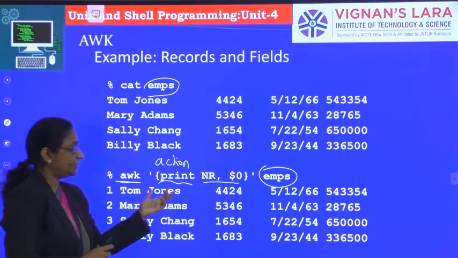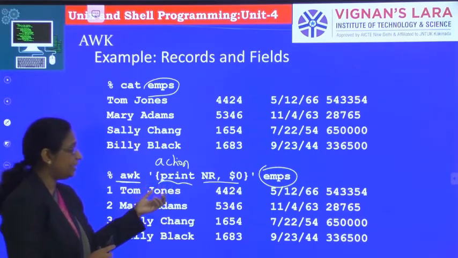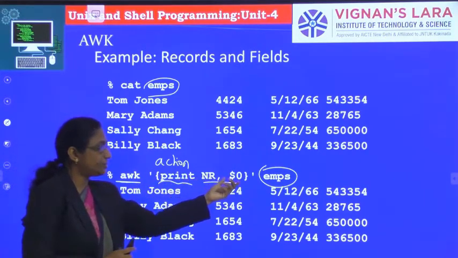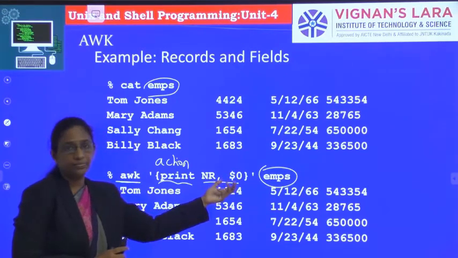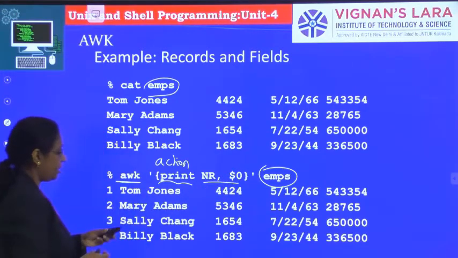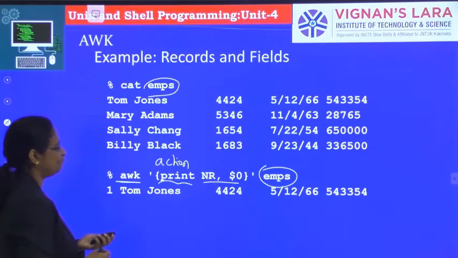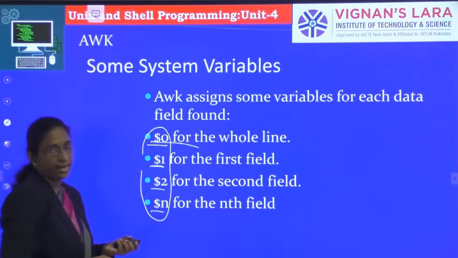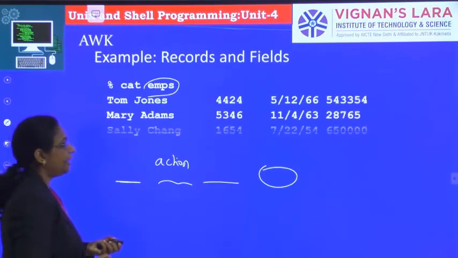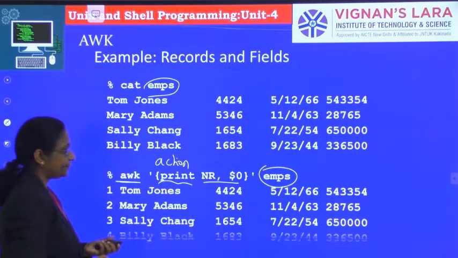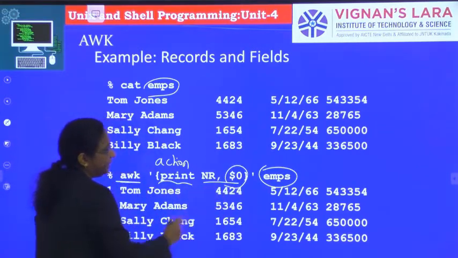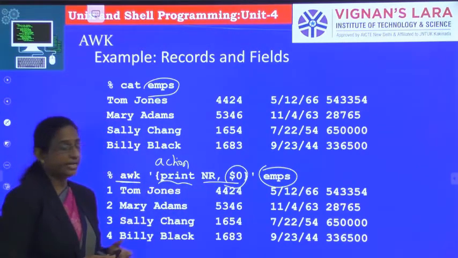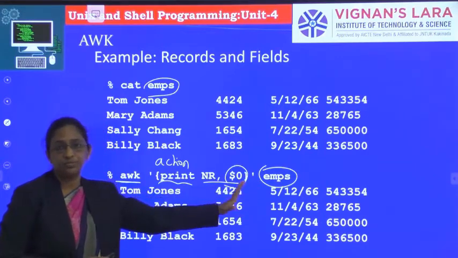So what is $0 here? The $0 represents the entire line. So $0 means each and every line of this file has to be displayed.